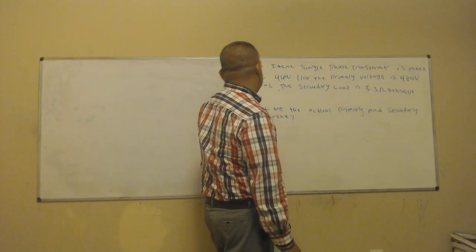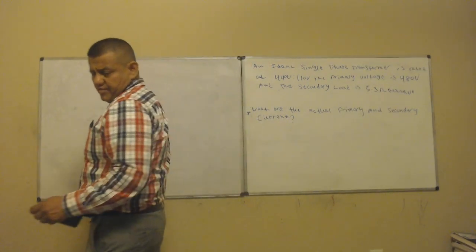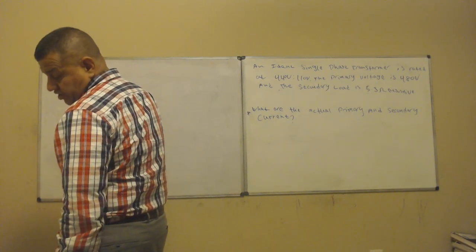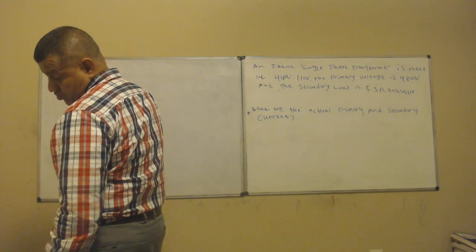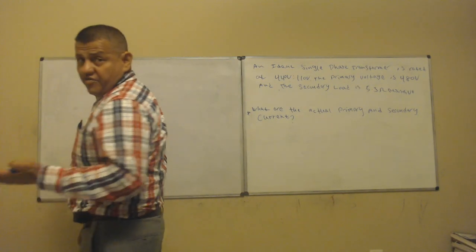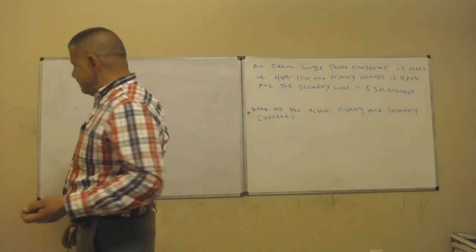So let's do this, right? What do we know about the problem? We know the ratio of the voltage, right? We know the resistive load in the secondary. And if we know the ratio of the voltage, we know the primary voltage and the secondary voltage, right?